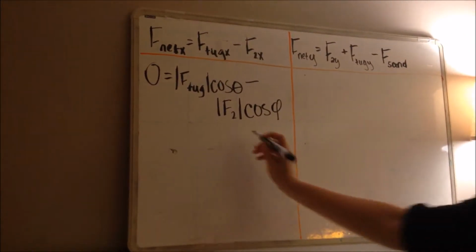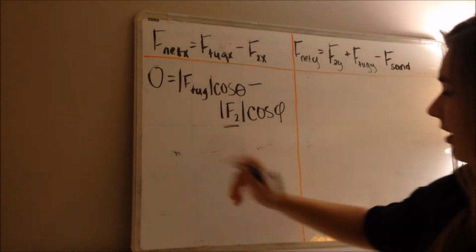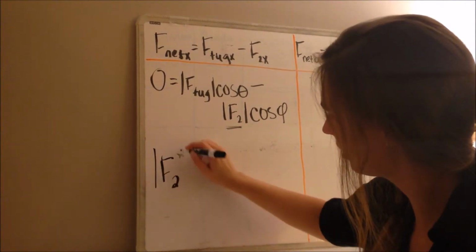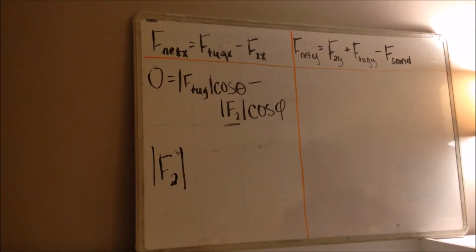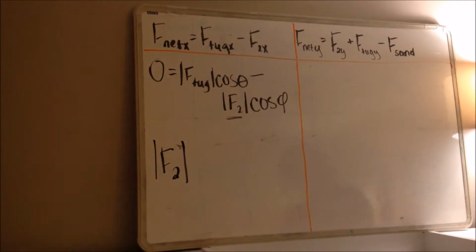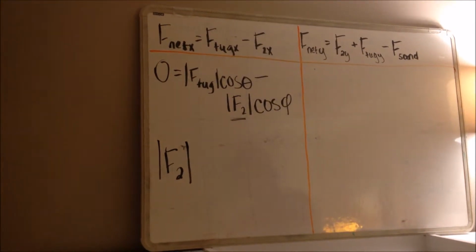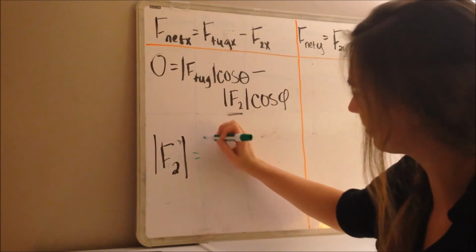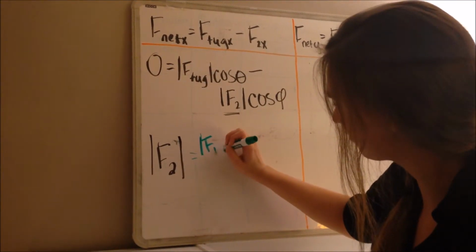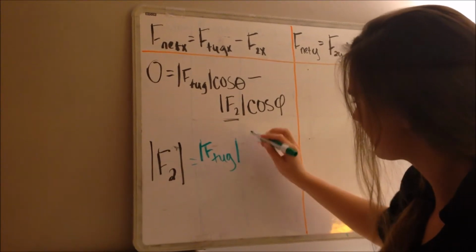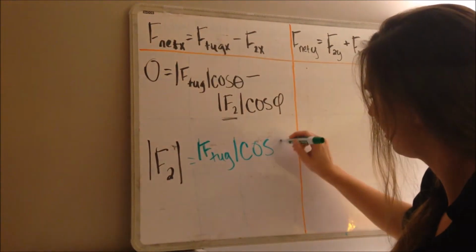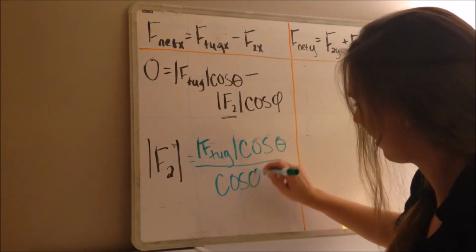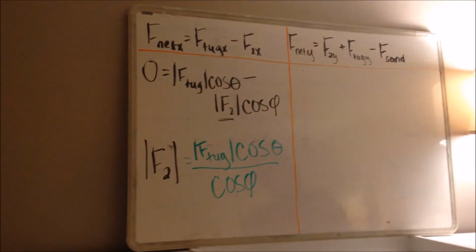And then we have to solve for F2. So when we're solving for F2, we use that equation, and we're going to get, do this in green, that the unknown force equals the magnitude of F tug times the cosine of theta over the cosine of phi, which we'll use in this equation.